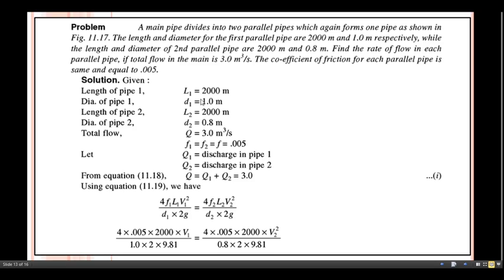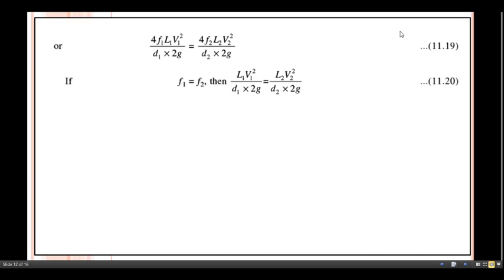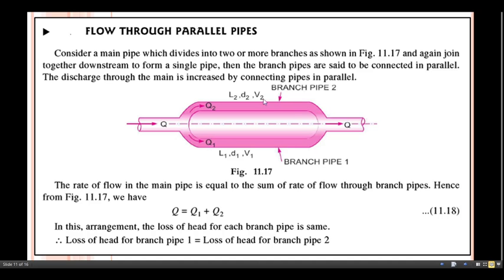Now we'll discuss one problem on the same topic. The main pipe divides into two parallel pipes, which again form one pipe as shown in this figure.